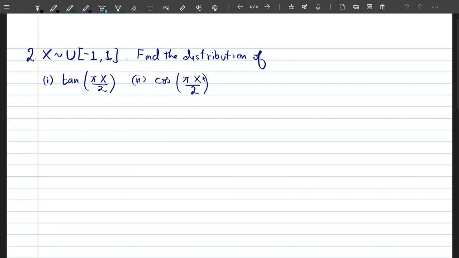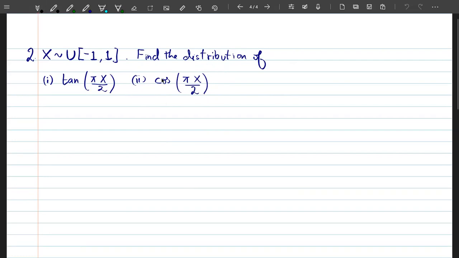Okay, this function cos of pi x by 2 is not injective. It takes the same values for plus x as well as minus x because it's an even function, which makes it symmetric and non-monotonic. And this x has uniform distribution, so that is also a symmetric distribution. So whatever happened in the previous problem will also happen in this part.